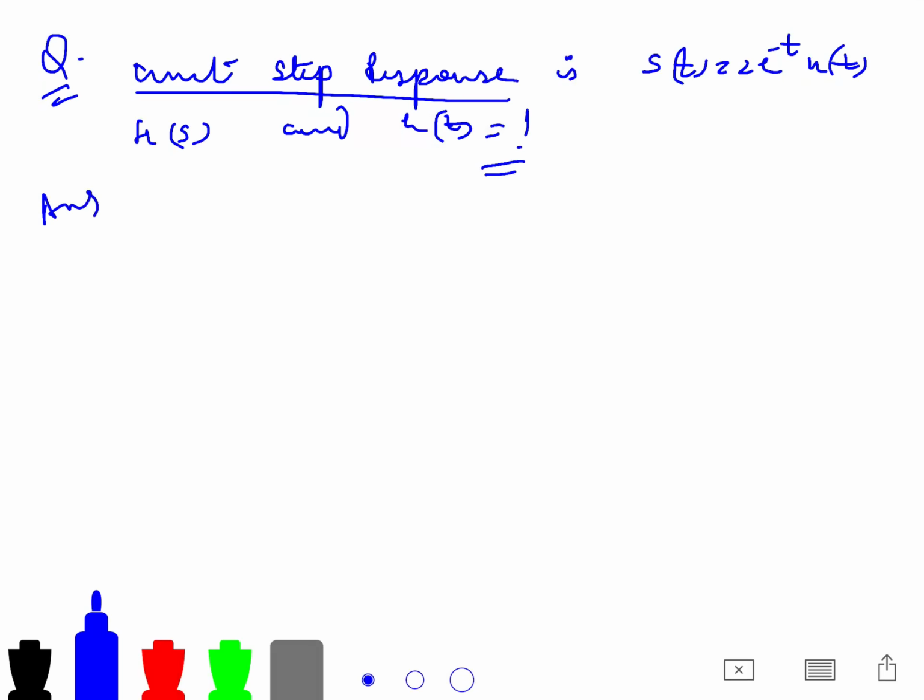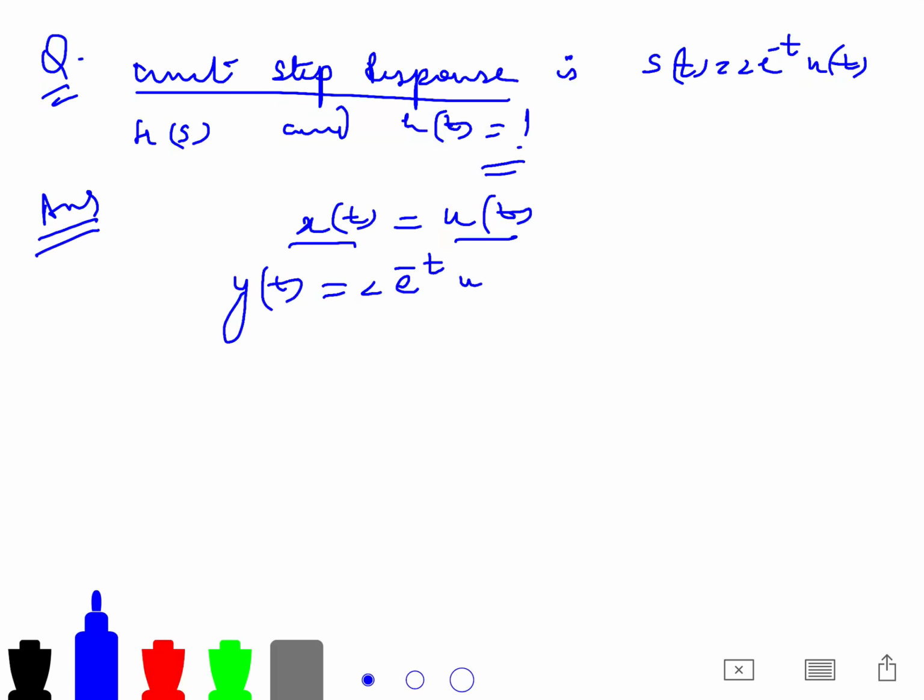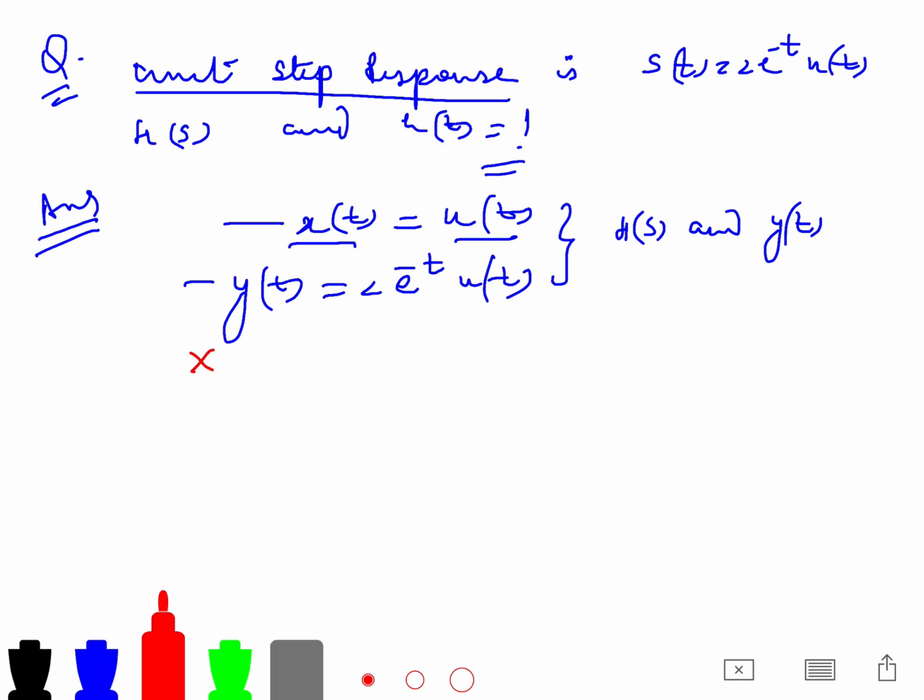Now in this you have to determine the system function H(s) and impulse response h(t). How can you determine it? What is given? It is given that the input x(t) is u(t), and for this input y(t) is 2e^(-t) u(t). Okay. Now you have to find H(s) and h(t). Right.